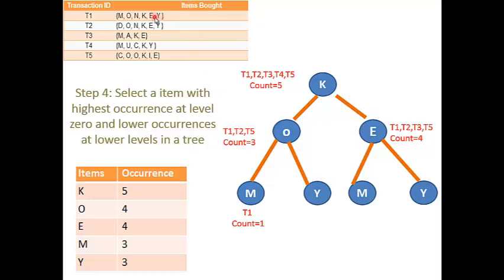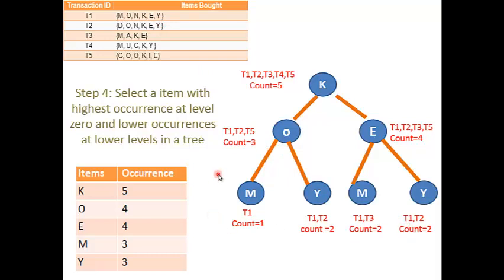M appears in T1, so its count will be 1. Y appears in T1 and T2, so its count will be 2. M appears in T1 and T3, so its count will be 2. Y appears in T1 and T2, so its count will be 2.